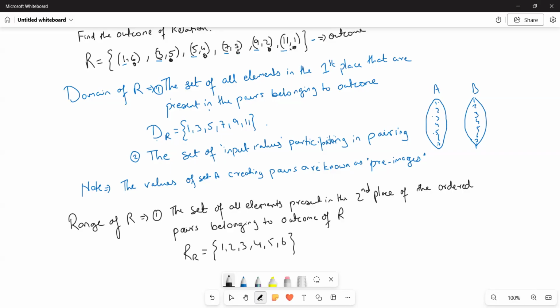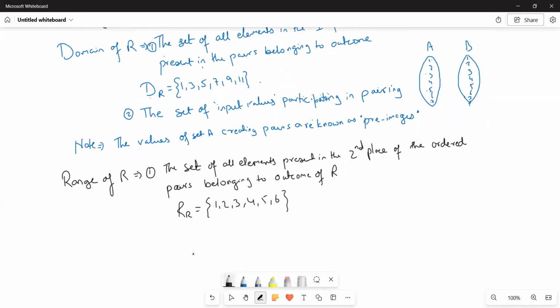So the complete set of the elements present in the second place is what is defined as range. Okay, sir? Alright? Alternatively, range is also defined as the set of all output values participating in pairing.